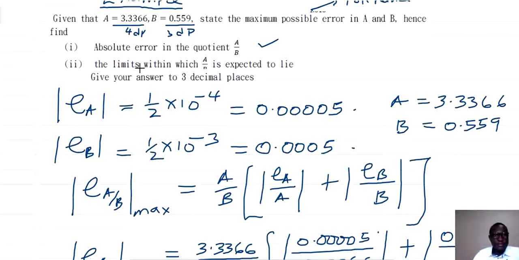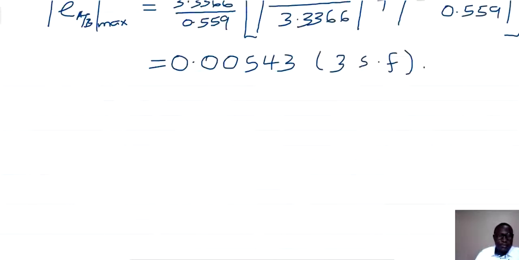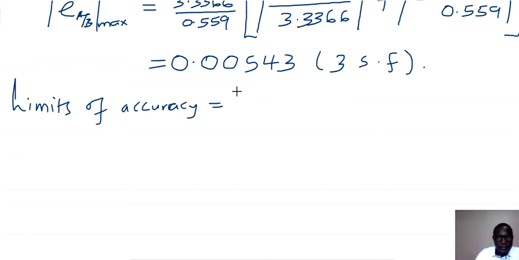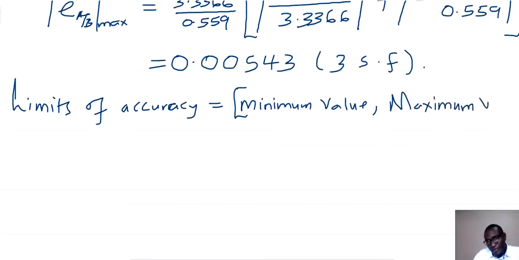Next, we need to find the limits within which A over B lies. The limits of accuracy is equal to the minimum value, comma, the maximum value. First, let's get the exact value.